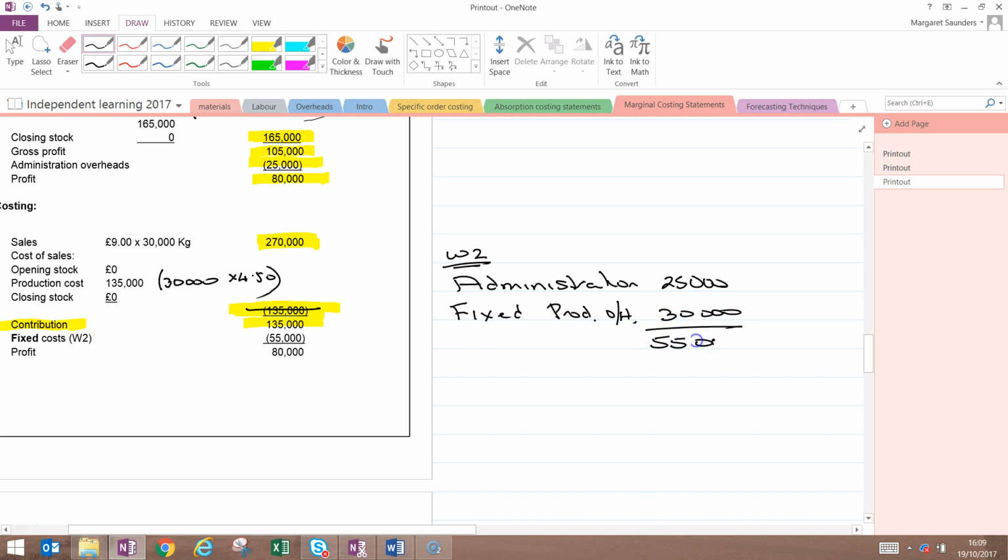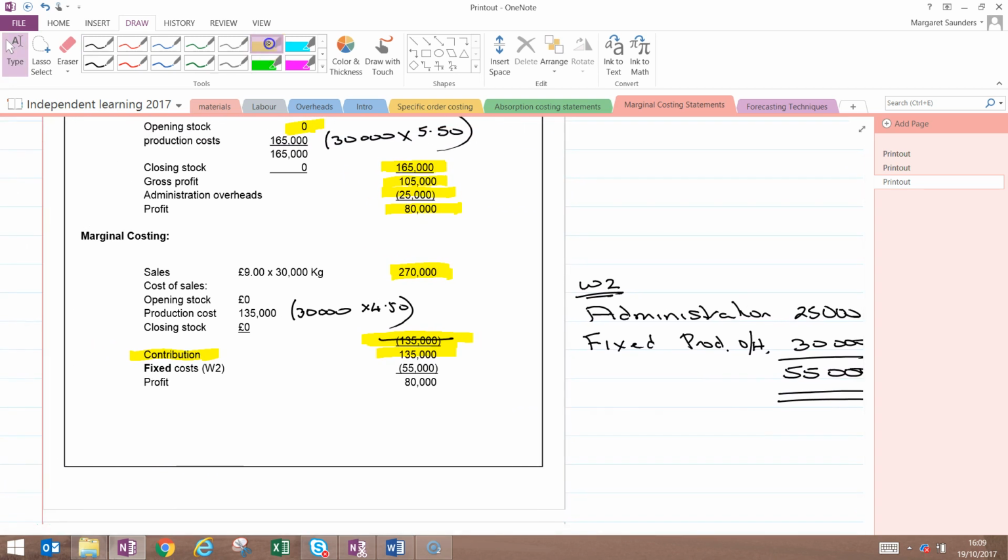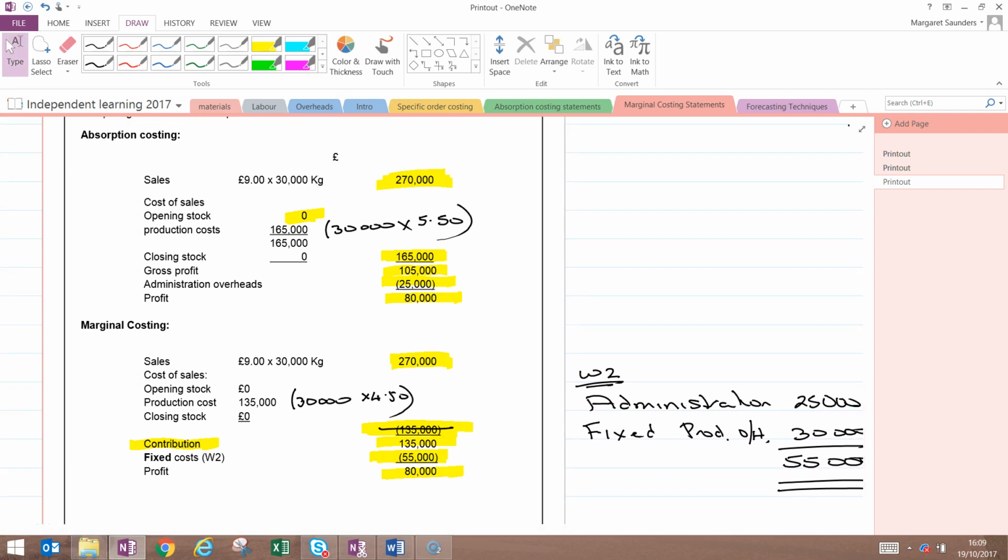So total fixed costs, £55,000. Fixed costs are deducted from the contribution, and we have a profit figure of £80,000. So both statements have given us the same profit figure of £80,000. It is just the presentation of the statements that is different.